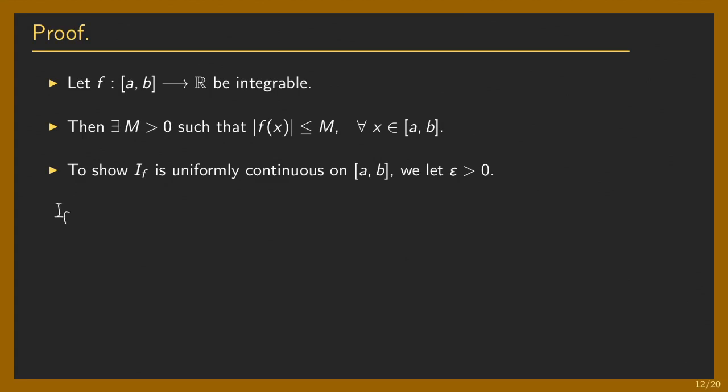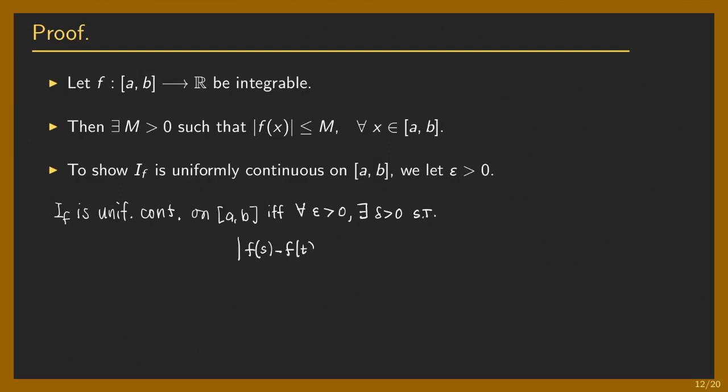So f is uniformly continuous on [a,b] if and only if, ating definition, for every epsilon greater than 0, there exists a delta greater than 0, such that the images of any two things, let's say s and t, will differ by less than epsilon as long as these numbers s and t are chosen in the domain, and their distance is less than delta. So this is what we mean by a uniformly continuous function.